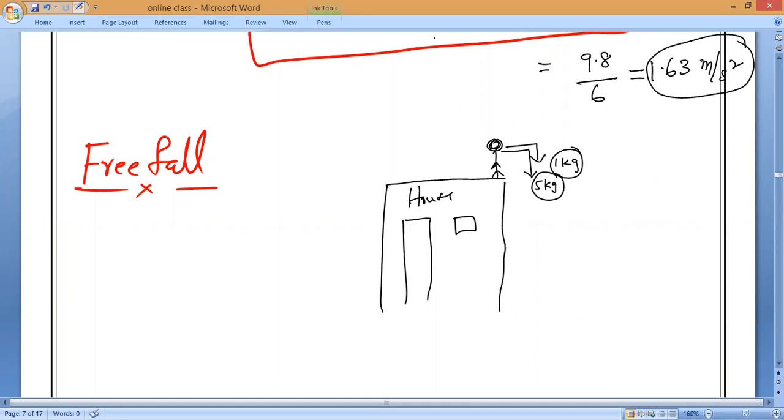Everybody should answer. Johan and Harini, you also open your mouth. Then only you will improve. I am dropping a 5 kg stone and a 1 kg stone. Which one will reach the ground first and which one next? Sir, 5 kg will reach the ground first. All of you should answer. What is your opinion?